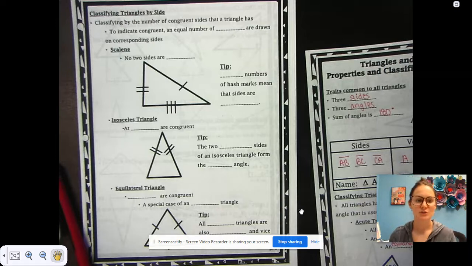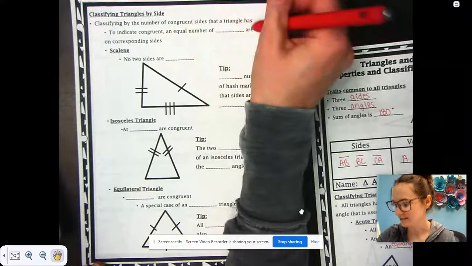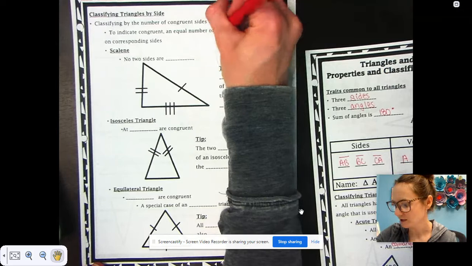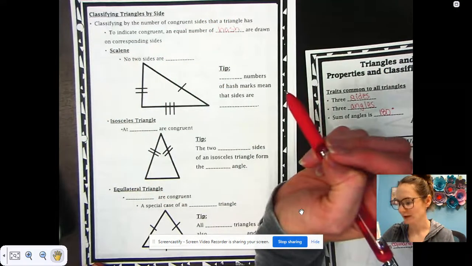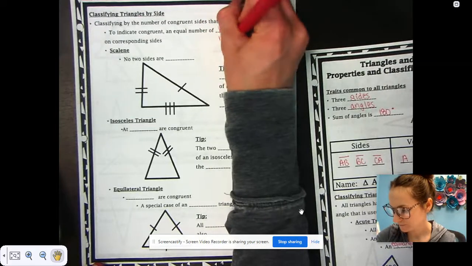Okay, to indicate congruent, an equal number of hash marks are drawn on corresponding sides.